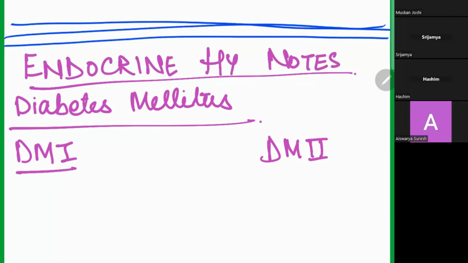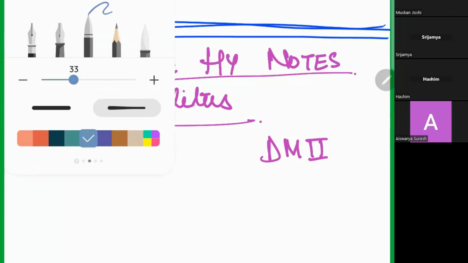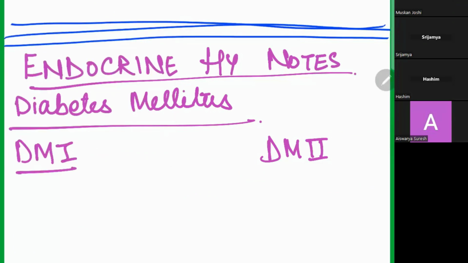In type 1, what is the age factor? For example, a patient comes in with glucose intolerance, feels like he has to take sugar many times, is also urinating many times, and the age of the person is 20.